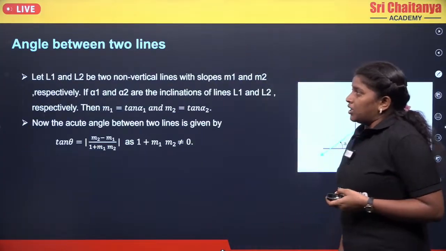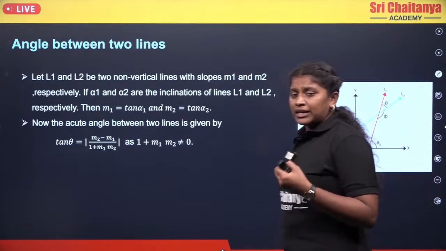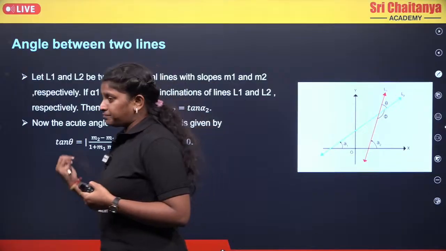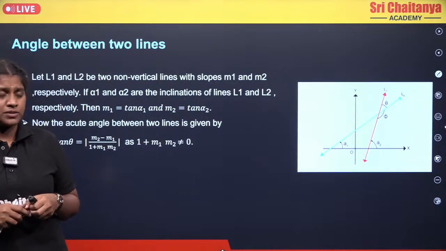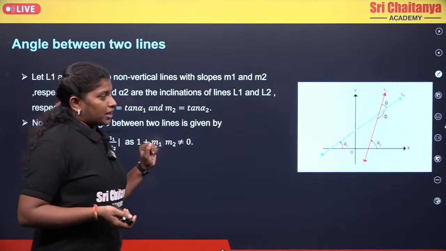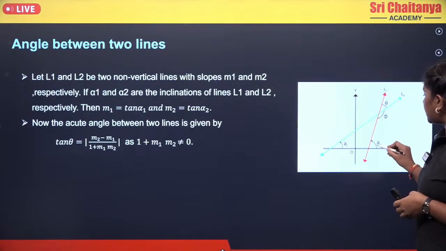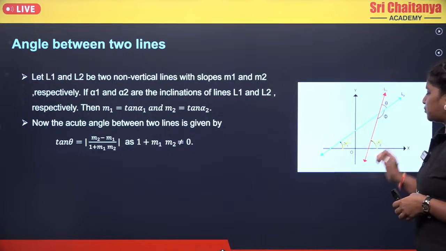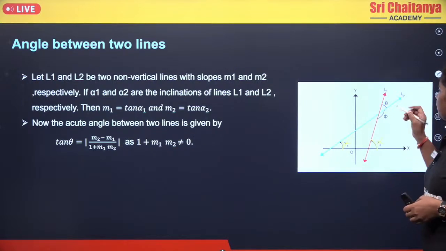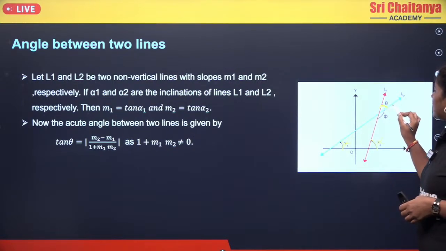Okay, now moving to the next, how to find the angle between the two lines with the help of the slopes. So if you observe, we have the two lines L1 and L2, and they make the inclination angles alpha 1 and alpha 2. Now theta is the angle between them.